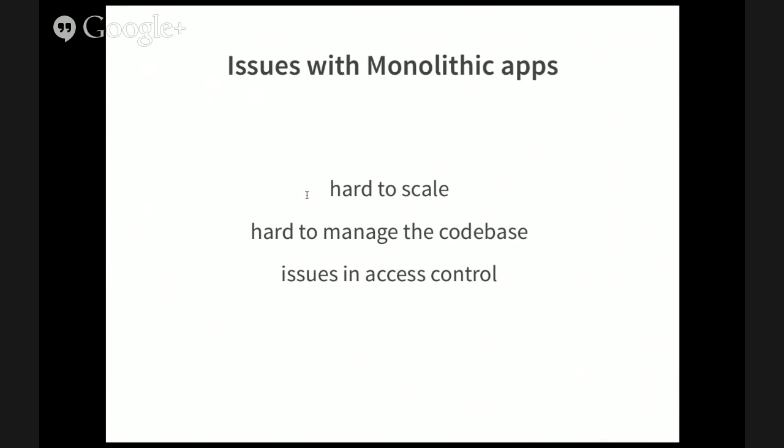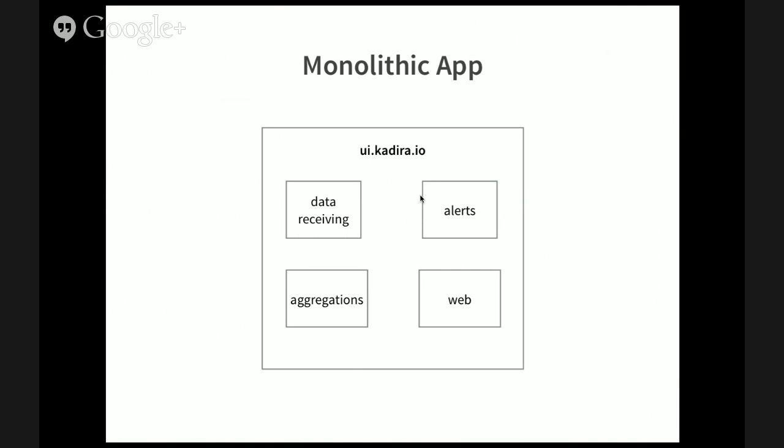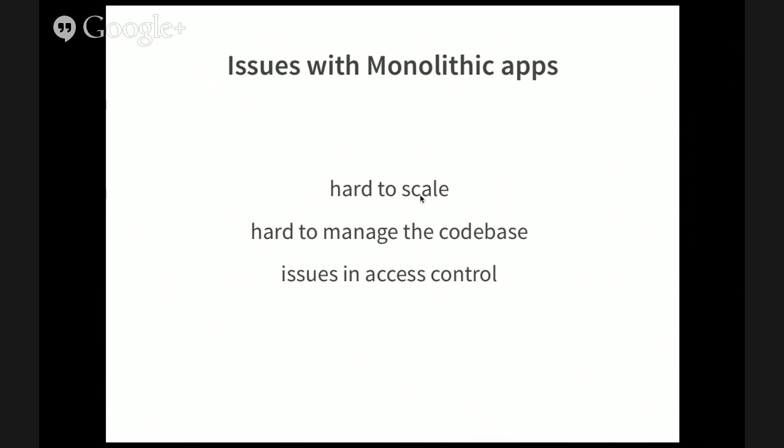And actually, there are some problems with this. It's very hard to scale. That means if you need to scale, let's say the alerts, then you need to scale the whole application, and you can't scale only the aggregation part. There's another issue with code management.